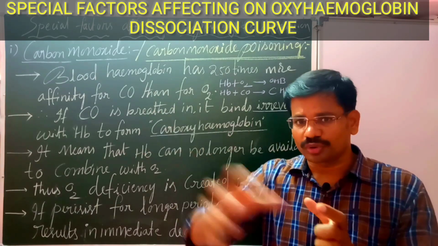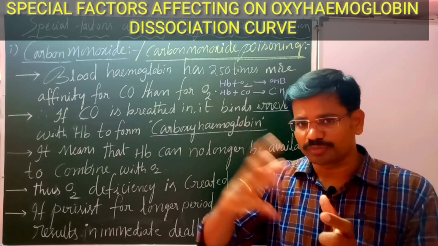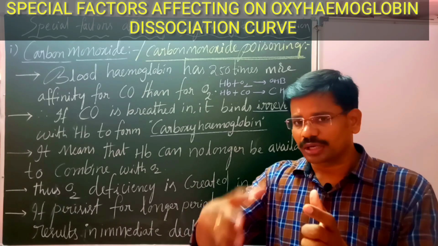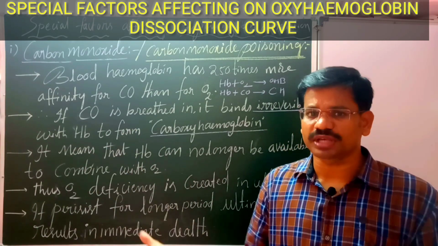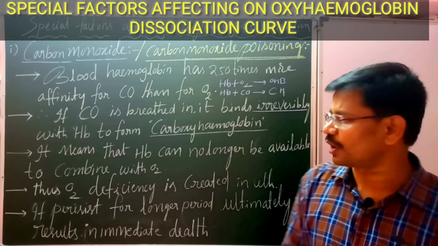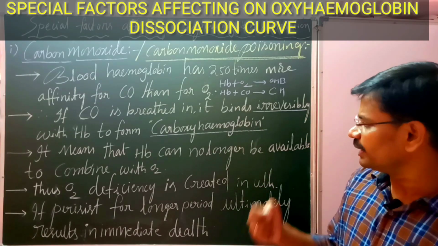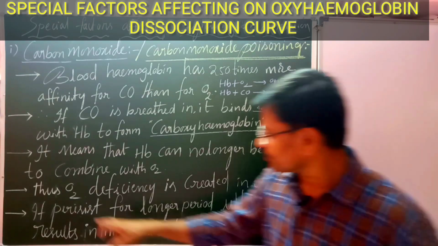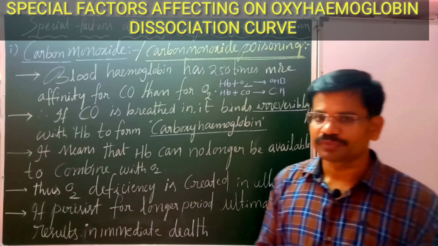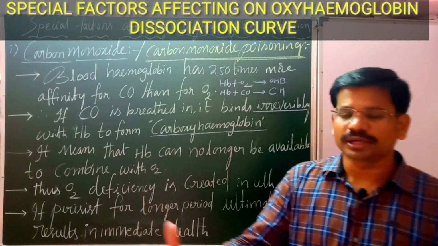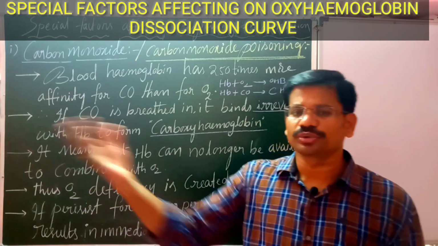So whenever more hemoglobin reacts with carbon monoxide, it forms more stable product. There is no chance of hemoglobin reacting with oxygen, so the oxygen supply decreases. Thus oxygen deficiency is created in the cell. They can no longer take oxygen to the cells.